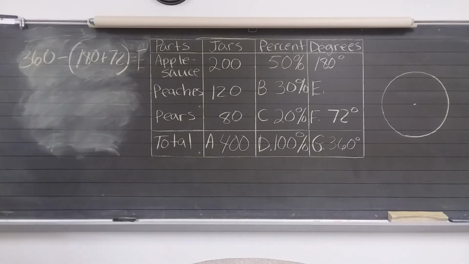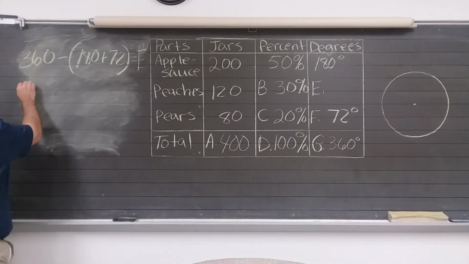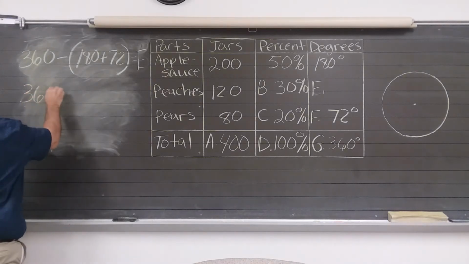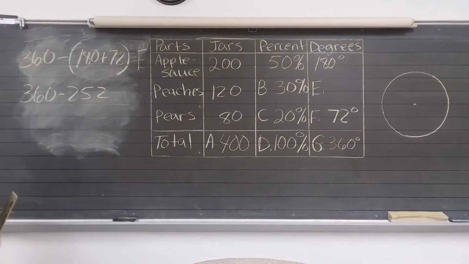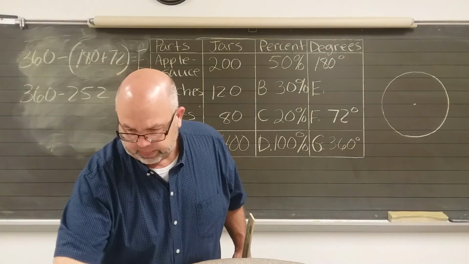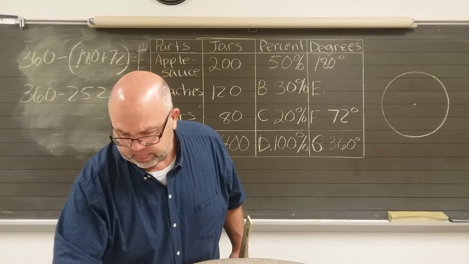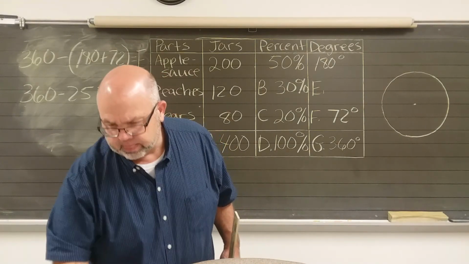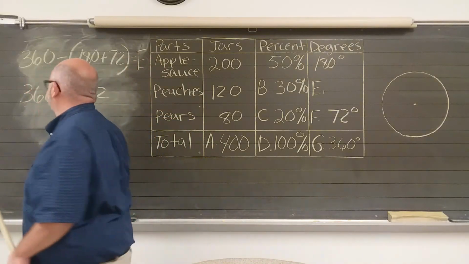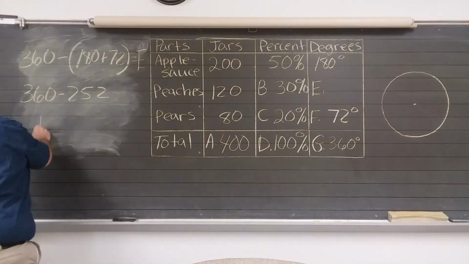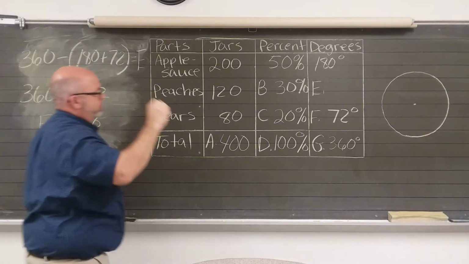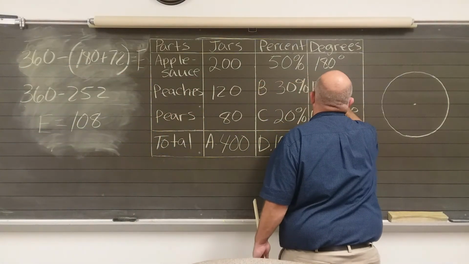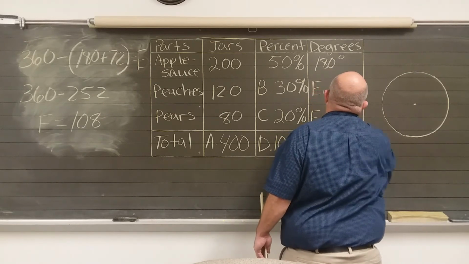Would that be 252? So it's 360 minus 252. What is 360 minus 252? 108. E equals 108 degrees.